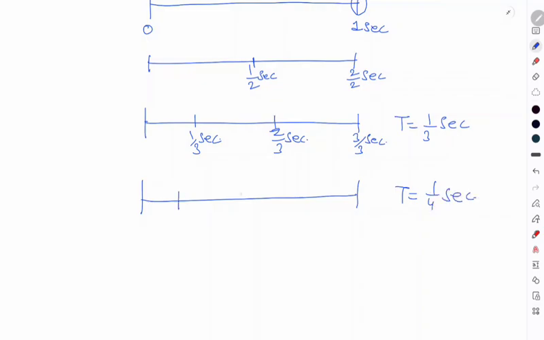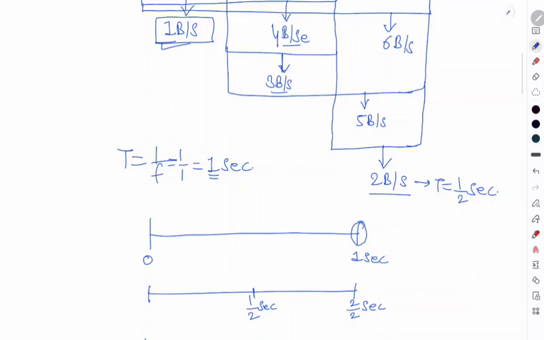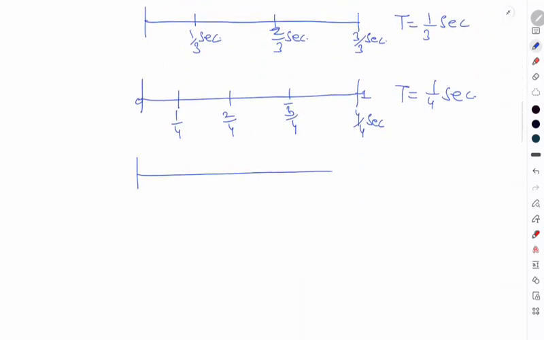So at 1 by 4, 2 by 4, 3 by 4 and 4 by 4 second, we will hear maximum intensity of sound. For 5 beats per second, the time period will be 1 by 5 second. It means at 1 by 5, 2 by 5, 3 by 5, 4 by 5 and 5 by 5 second, we will hear maximum intensity sound.